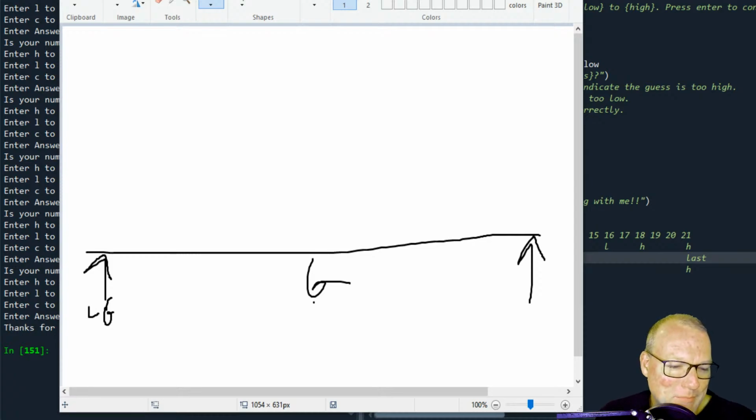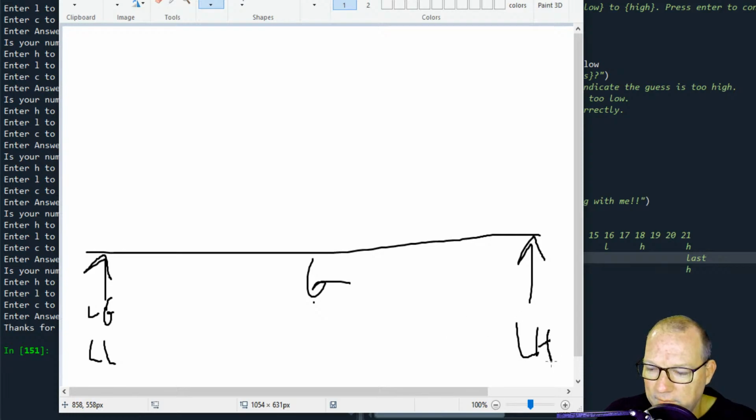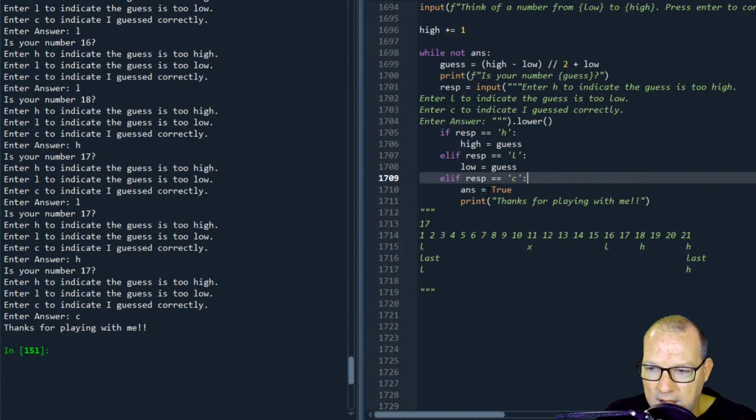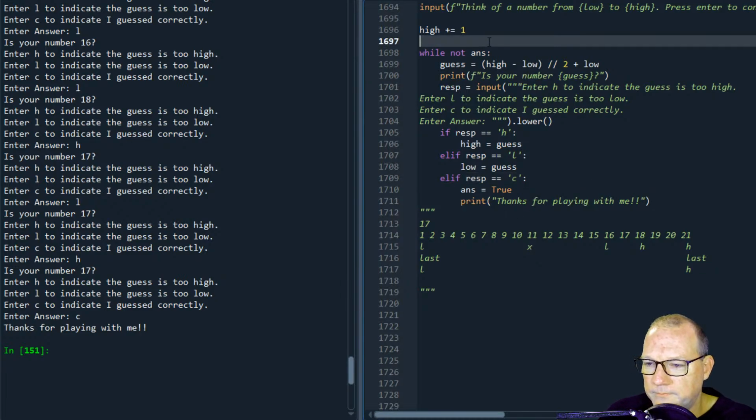Yep. Laptop. All right. So last, we'll call it LL. Last low. Last high. So we need to track that. So we need to come up with some new variables. All right.